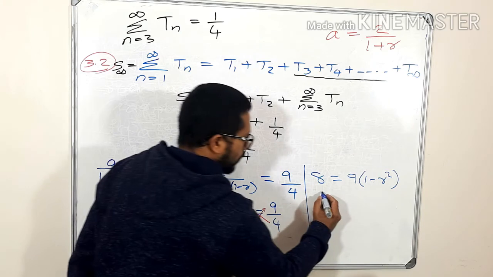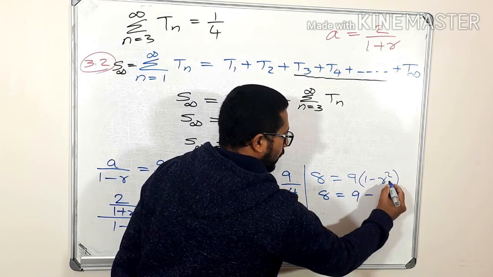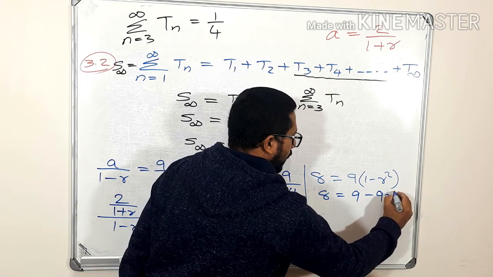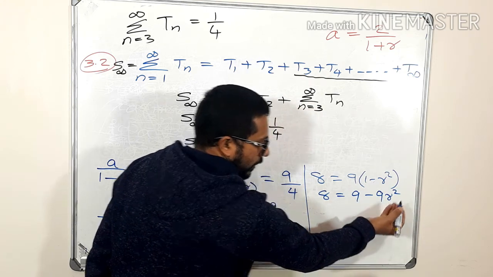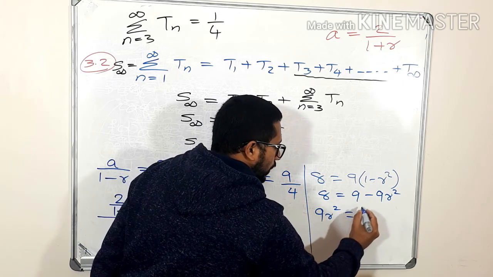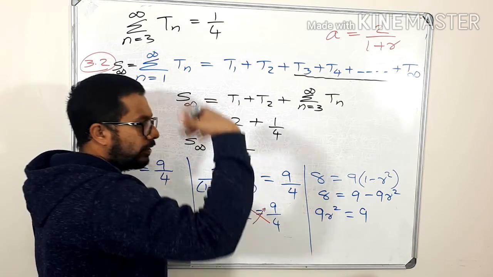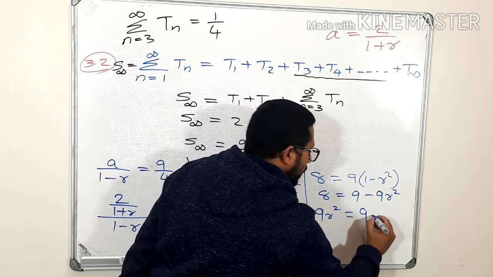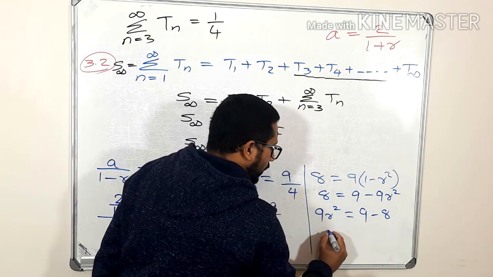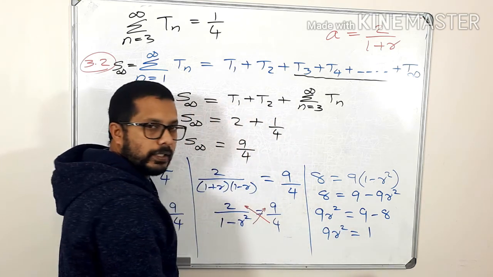Expand the bracket. So 8 is equal to 9 times 1 is 9, minus 9 times R squared is 9R squared. Take this 9 minus 9R squared to this side, so 9R squared is equal to, this 9 is already there, then this 8 on the other side is minus 8. So 9R squared is equal to 9 minus 8, which is 1.